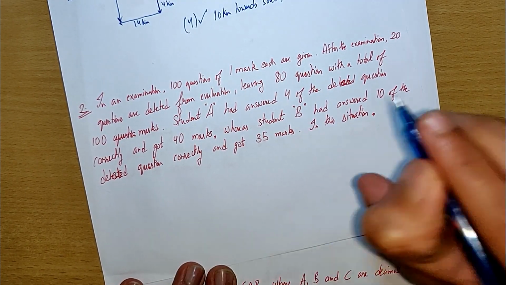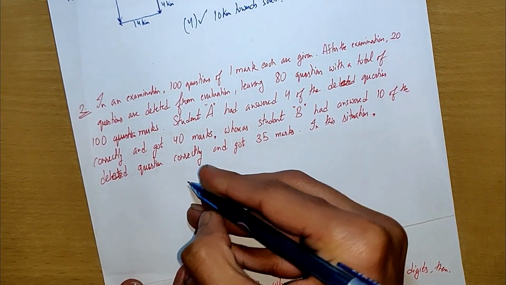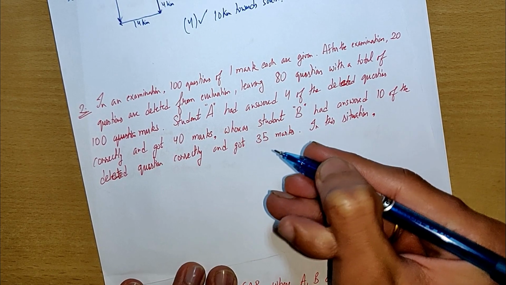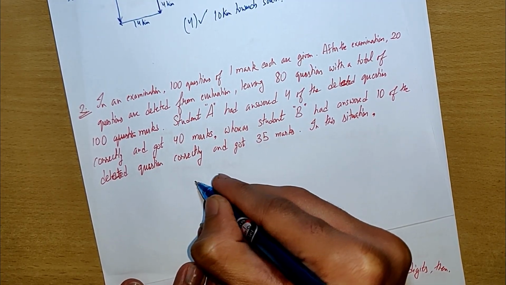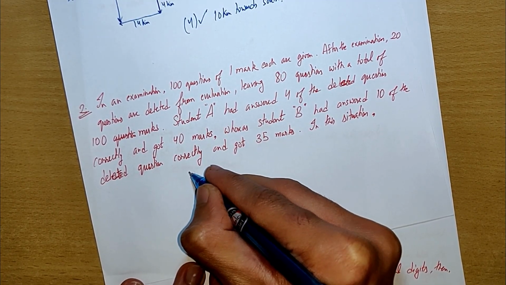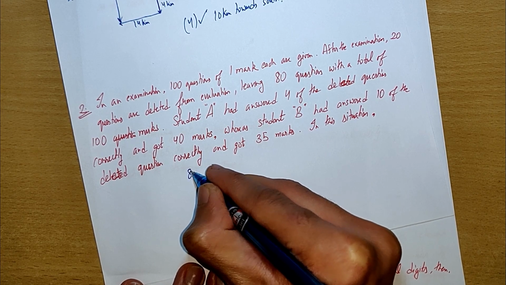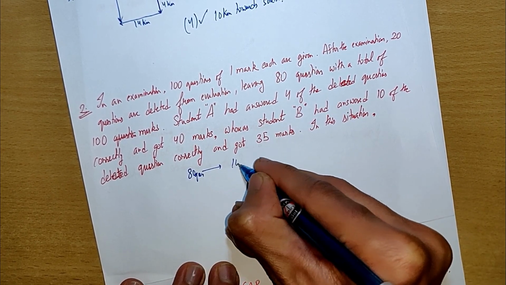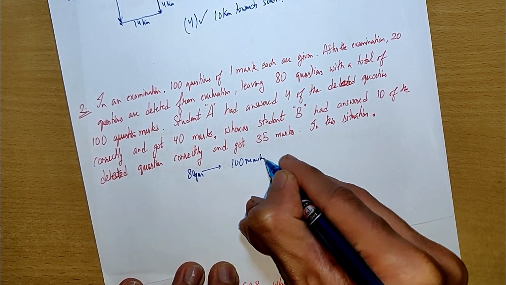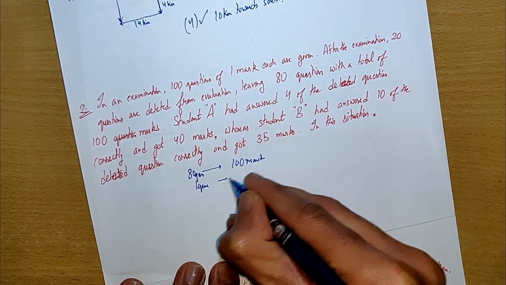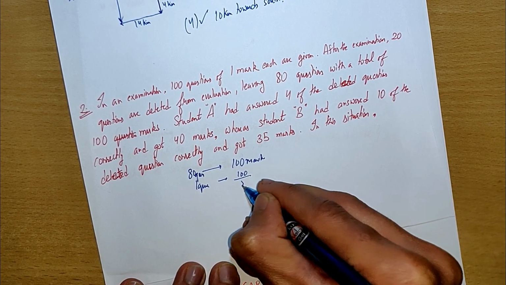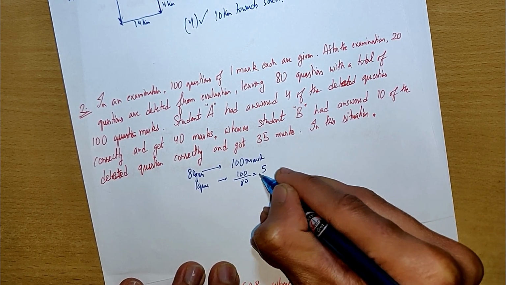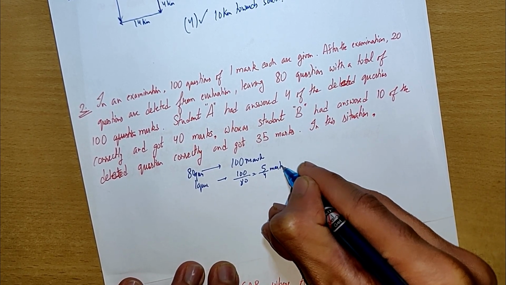So we can use the unitary method. 80 questions are of 100 marks. So one question would be of 100 by 80, that is 5 by 4 marks.